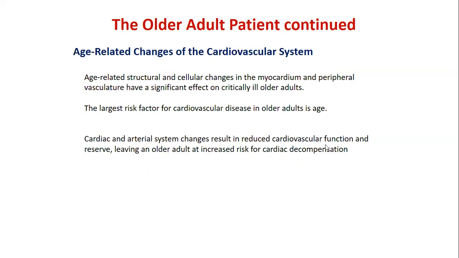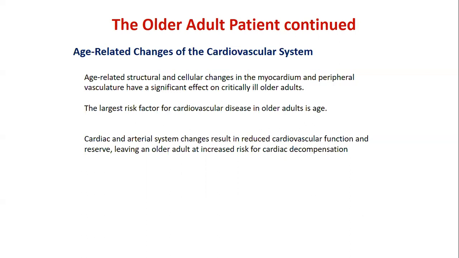So with aging, there are changes in the cardiovascular system, which result in altered cardiovascular physiology, meaning function, right? And this change in cardiovascular physiology must be differentiated from the effect of pathology, such as coronary artery disease, that occurs with increasing frequency as age increases.